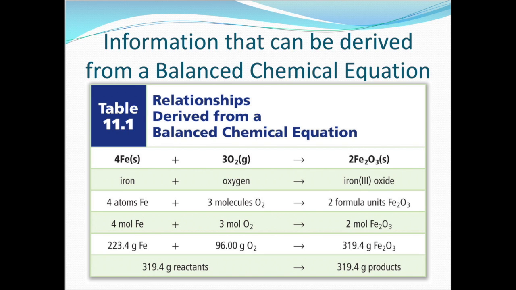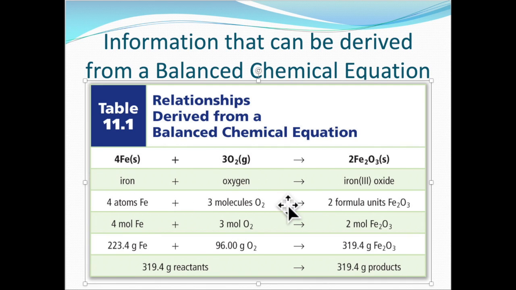Here's a chart that shows information that can be derived from a balanced chemical equation. The example here is iron plus oxygen yields iron oxide. I made my cursor bigger for you guys.